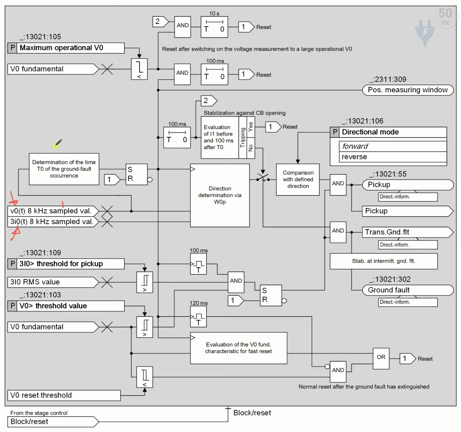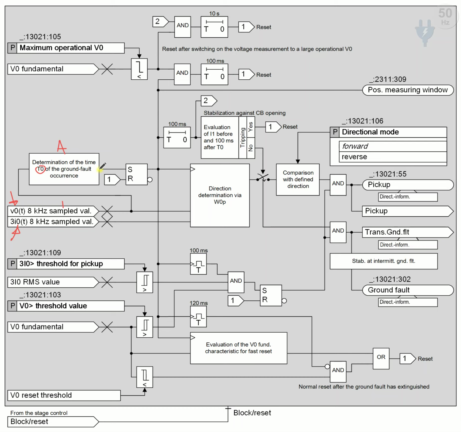The first block, which we called block A in the first video, finds T0, the exact time of happening of the transient ground fault.